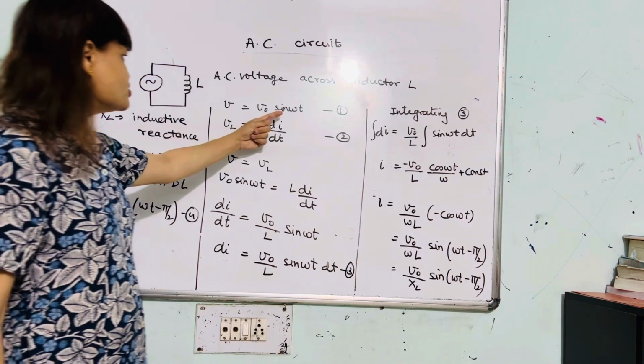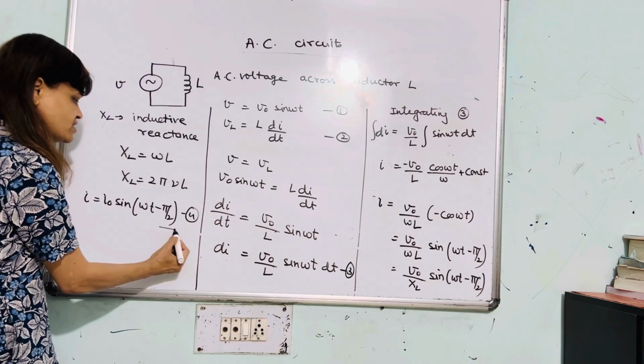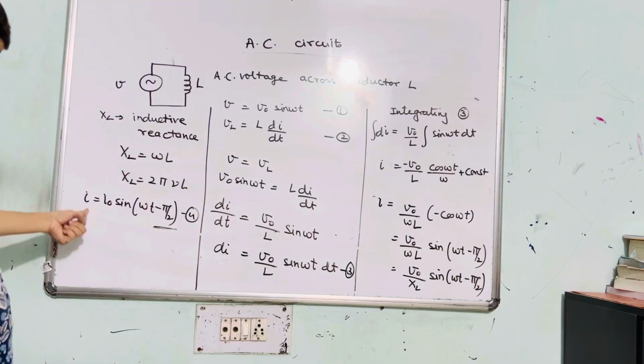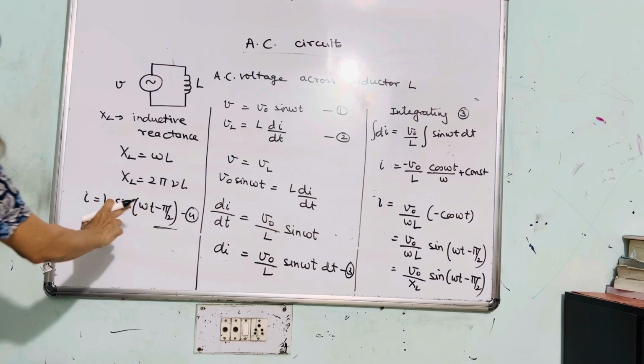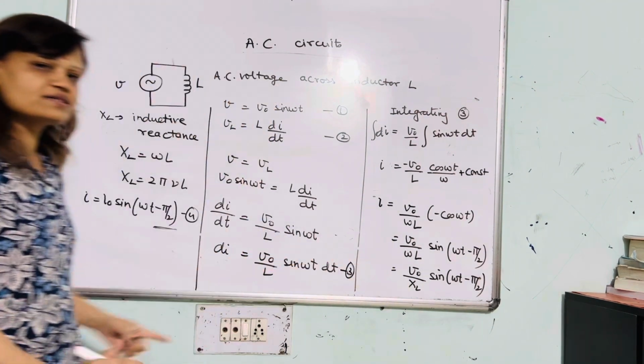Now if you see equation 1 and equation 4, it is clear that they are not in phase. This term tells about the phase difference. That is, the current is lagging because it is minus pi by 2. And I naught is the current amplitude, which is equal to V naught by XL.